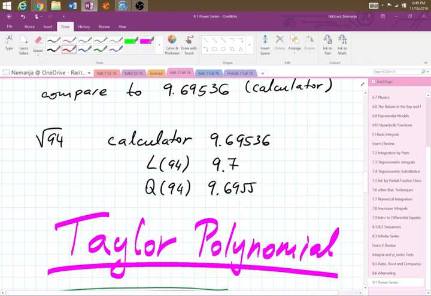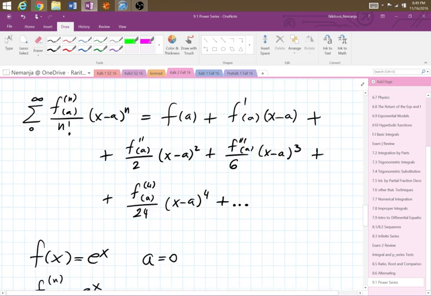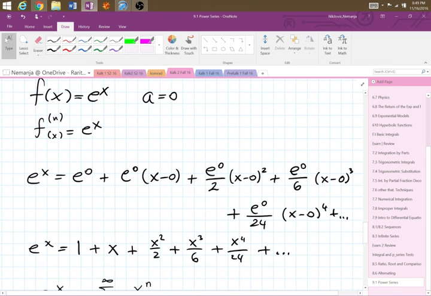So that's the introductory story on power series. In short, the goal is to take a function and change that function into a polynomial, and then calculus is easy once it's in polynomial form.